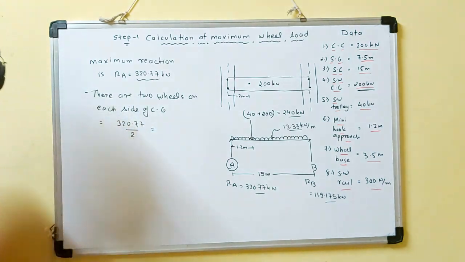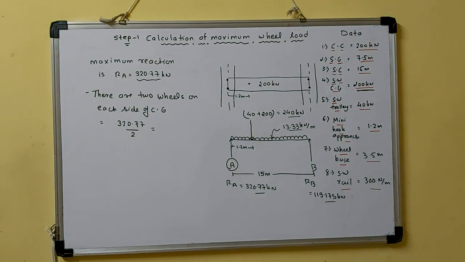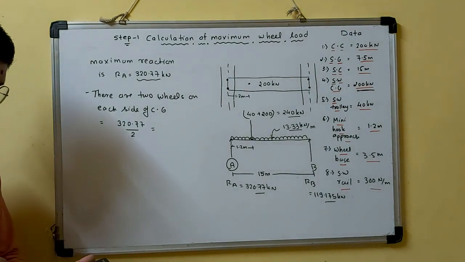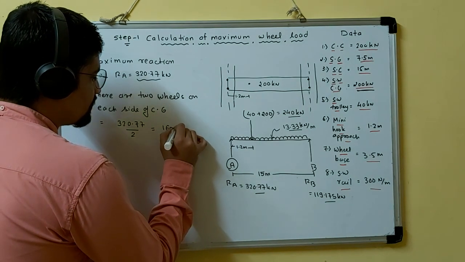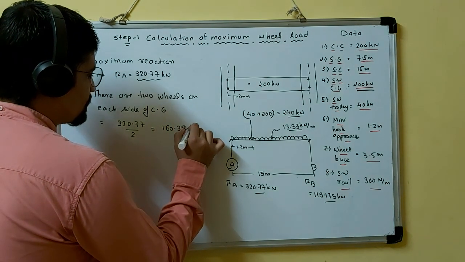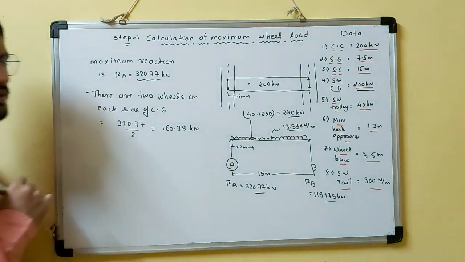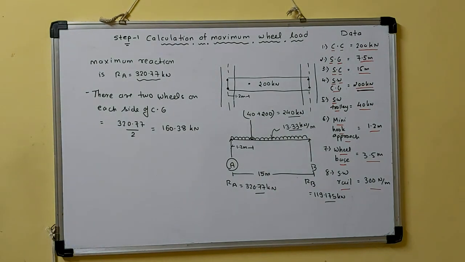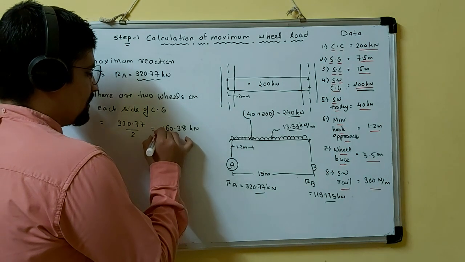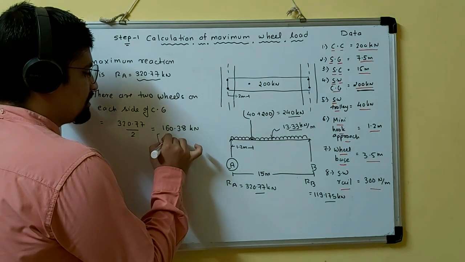It will be transferred equally, that's why it is divided by 2. So 320.77 divided by 2 is equal to 160.38 kilonewton. Each wheel will transfer 160.38 kilonewton, and this is also known as the static wheel load.